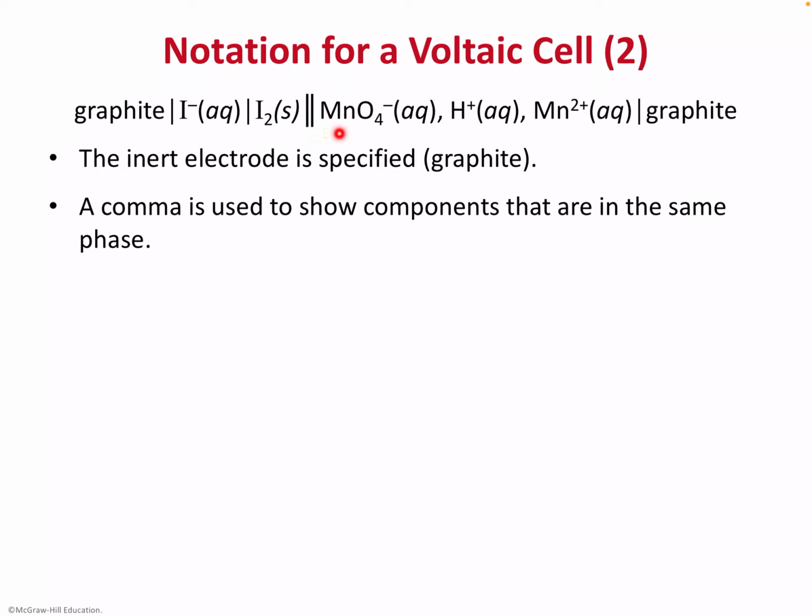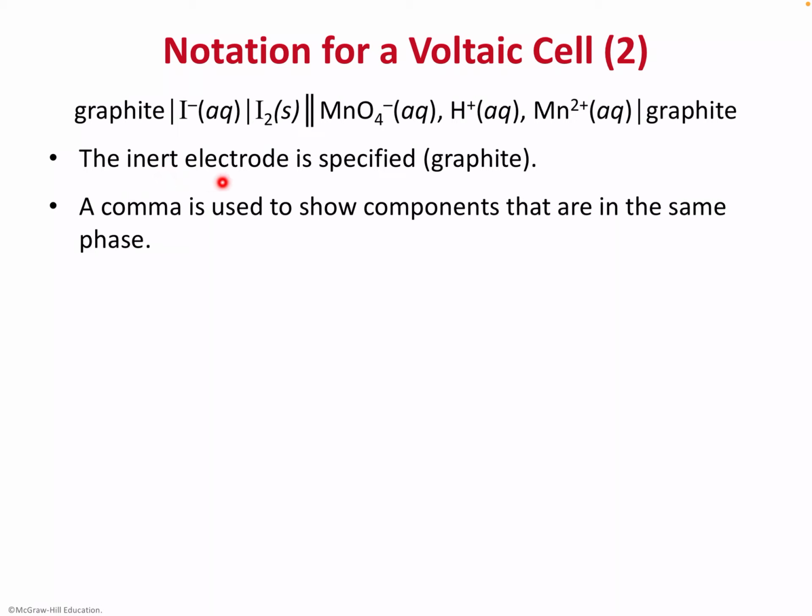And in the cathode, where the reduction takes place, what's happening? Permanganate, aqueous solution with hydrogen in acidic medium, becoming Mn2 plus aqueous. This is all your reduction, and it is happening on a graphite electrode.